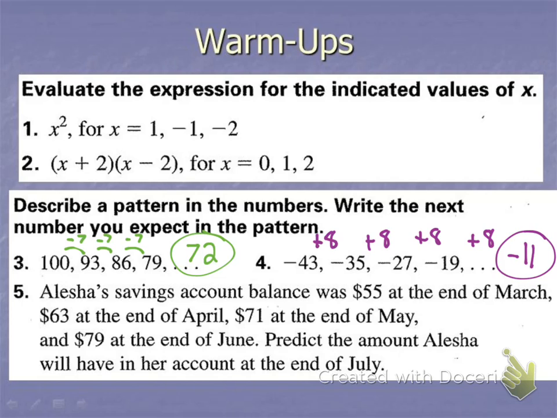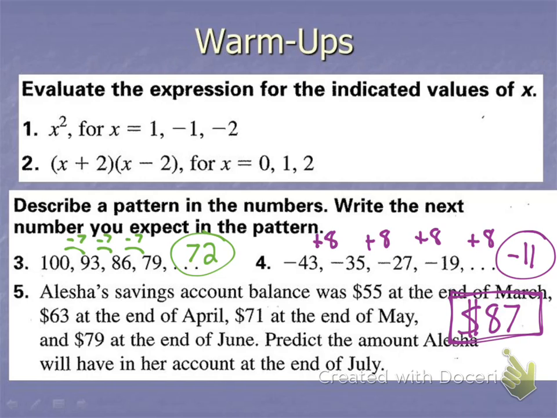Number 5, we are talking about Alicia's savings account. She has $55 in March, $63 in April, $71 in May, $79 in June. How much money do you think she'll have in July? 87? How did you get 87? You added 8.